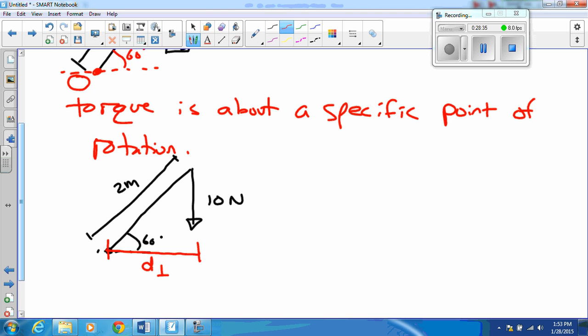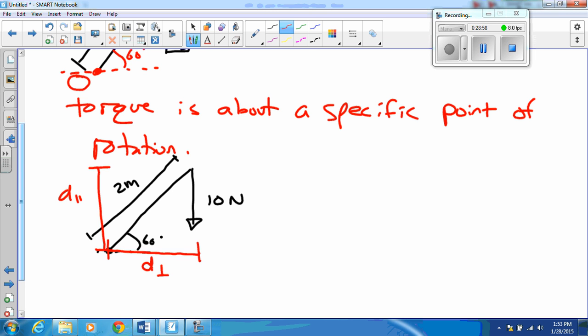Only the perpendicular component of force exerts torque. So if I think about the distance right here being split up into a component that is parallel and a component that is perpendicular, then it's going to be force times distance perpendicular that gives me the torque exerted.